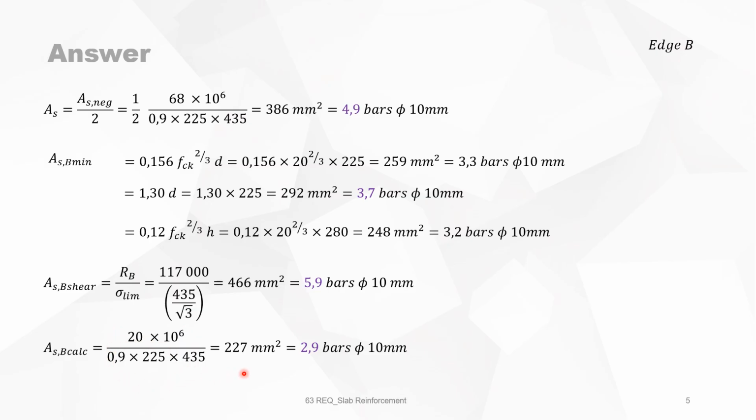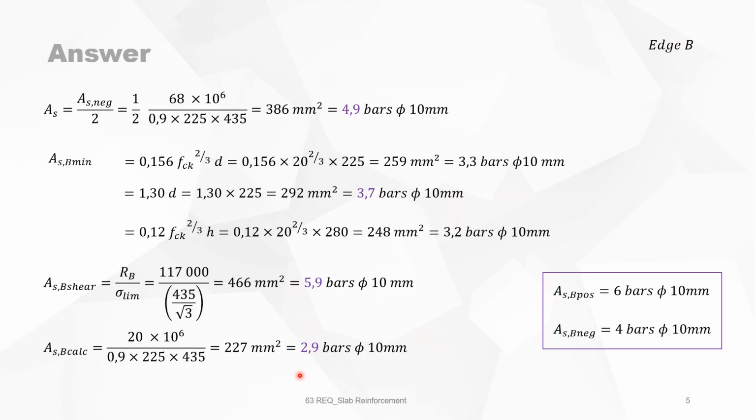It gives you 2.9 diameter 10. So in summary, for the positive bending moments, we end up with 6 bars, diameter 10, and for the negative bending moments, we have at least 4 bars.